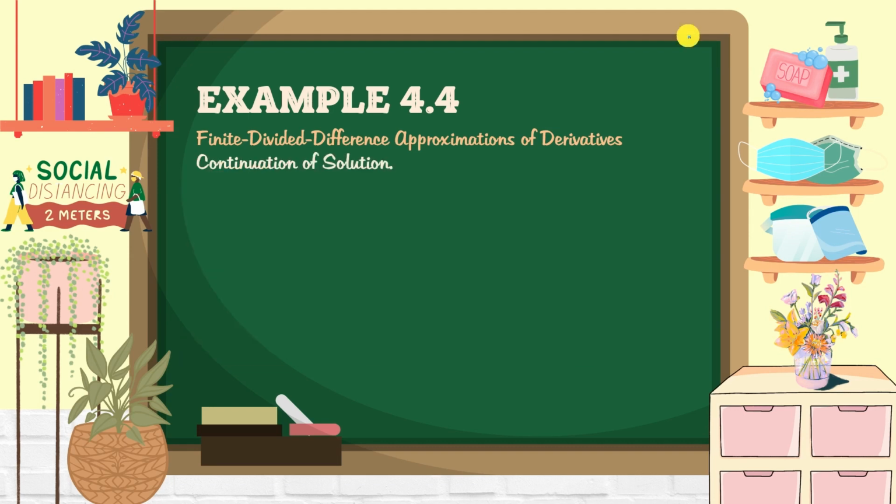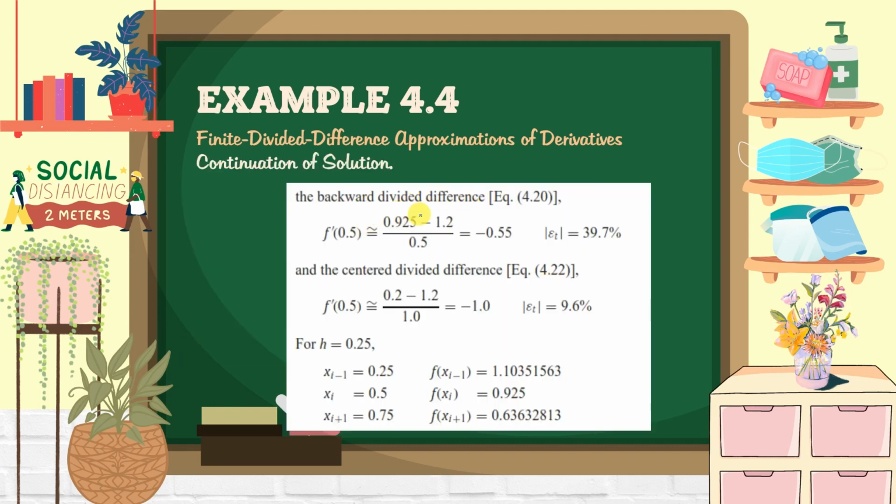In continuation of the solution, the backward divided difference is from equation 4.20. Equation 4.20 represents the first derivative of the function at x sub i equals f(x sub i) minus f(x sub i minus 1) all over h, or simply referred to as the inverse delta f sub i all over h. It will have a value of negative 0.55, with a true percent relative error of 39.7%.